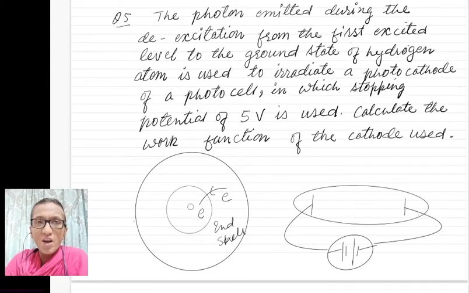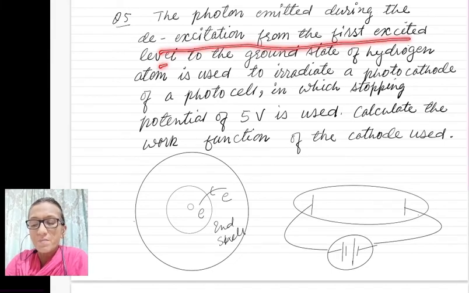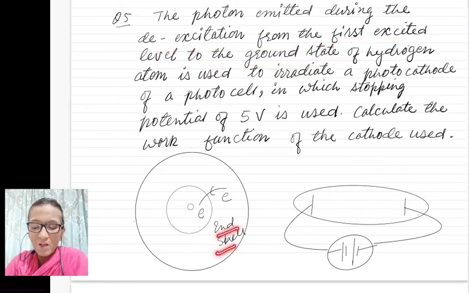Number 5. A photon emitted during the de-excitation from the first excited level to the ground state. Here you have the second shell. This is called the first excited level. An electron makes a transition from the second shell, that is your first excited state, to its ground state.